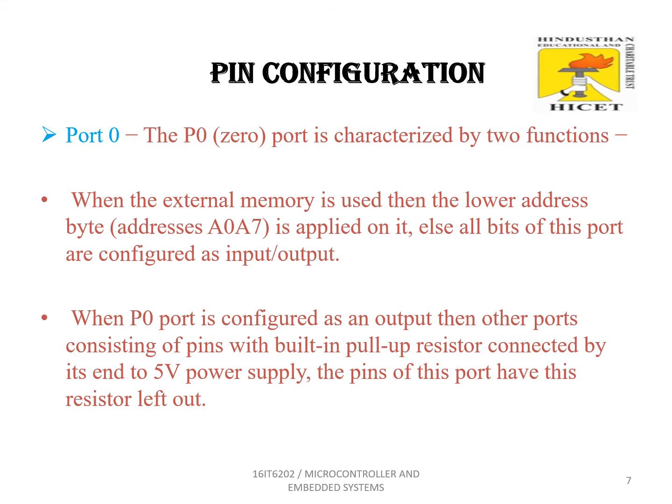The next one is when the P0 port is configured as an output. Then other ports consist of pins with built-in pull-up resistors connected by its N to 5 volt power supply. The pins of this port have these resistors left out.